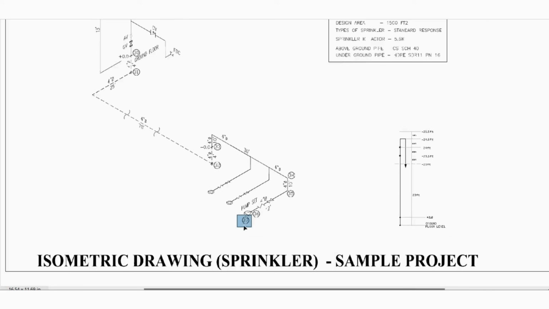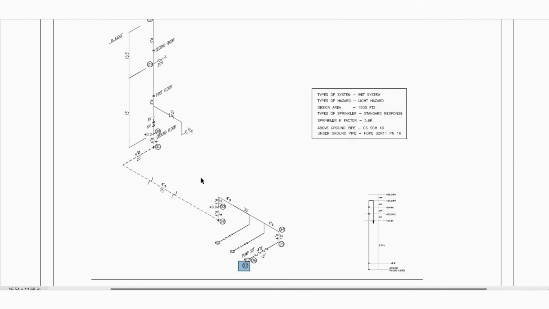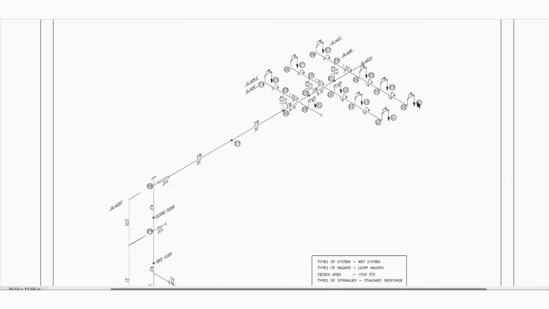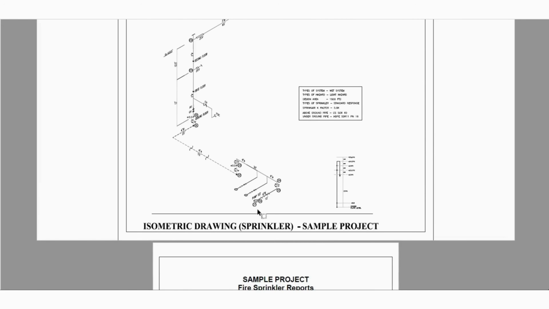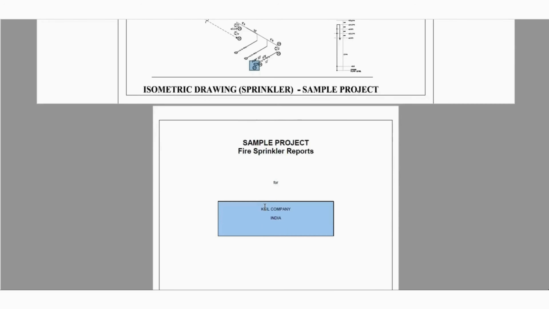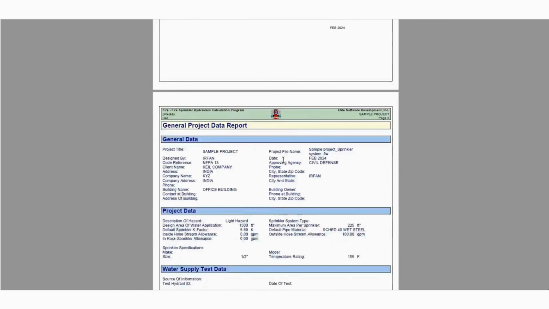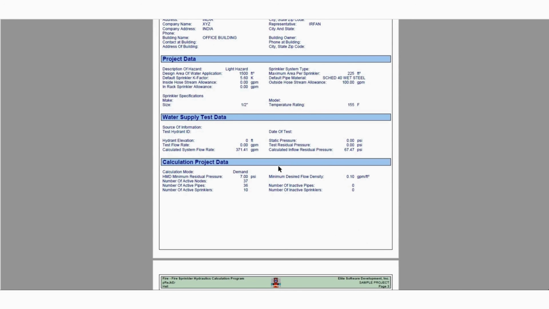If I have that at the inflow node, then I can achieve 7 psi at the remotest sprinkler. So my system demand will be 371 GPM at 67.4 psi. Based on this we can finalize the pump capacity.